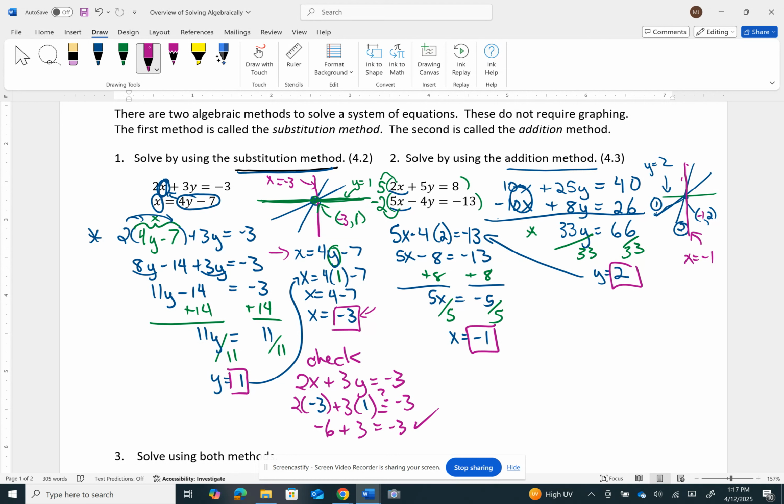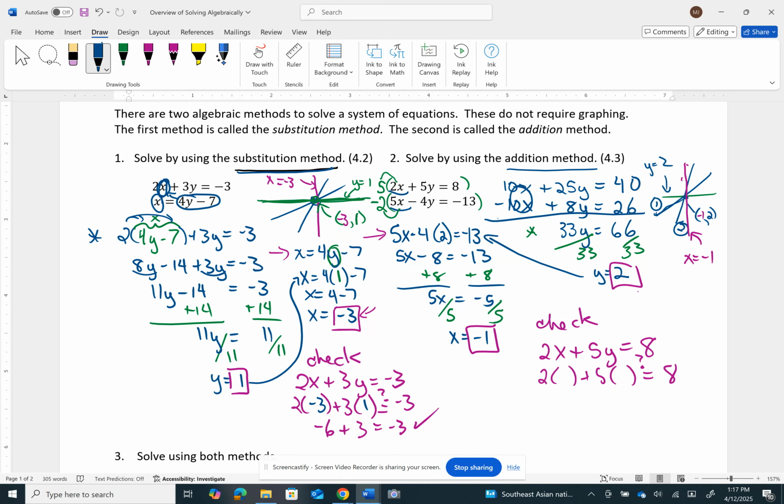You would do the same thing on question number 2. So I found out that y was 2, and then I plugged it into the bottom equation and made it tell me what the x would need to be. So your check on that one could be done by taking the other equation, the one you did not yet use, and then plug in for the x and the y and see if you get 8.